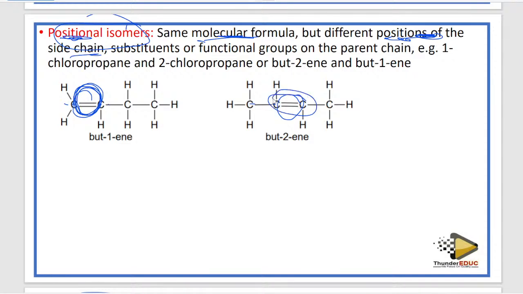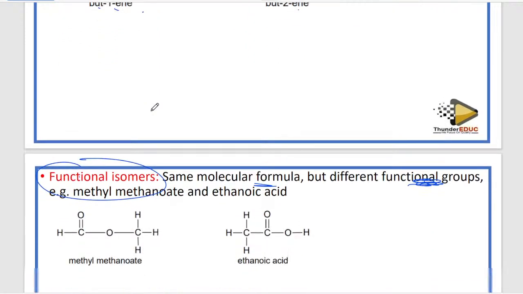Even the naming is different: but-1-ene, but-2-ene. So we also call it an isomer. Why? Same structural formula, but what is different is the position of the functional group. If you count the hydrogens and carbons here and here, you will find they are the same.